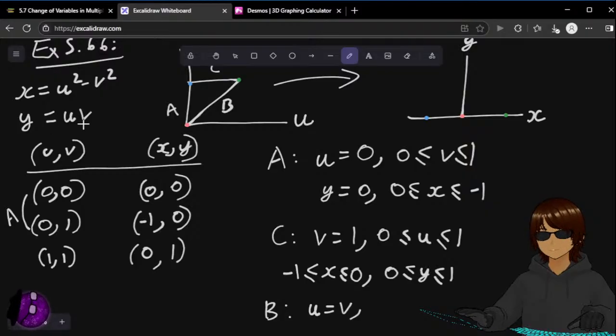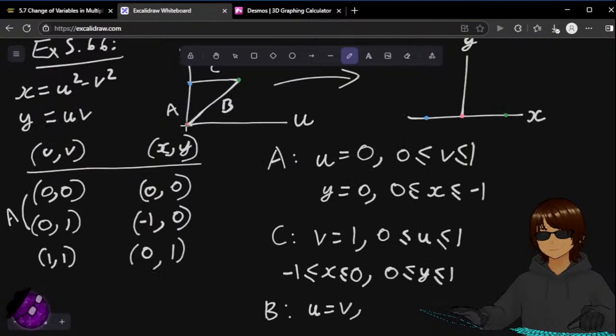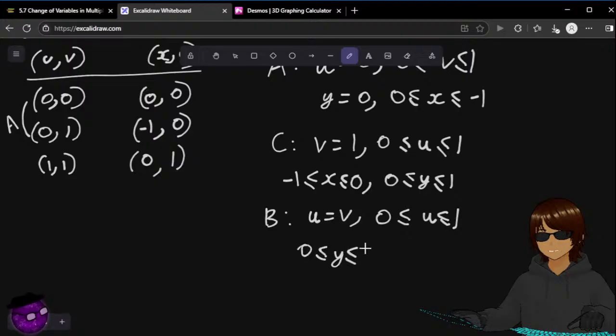We have v squared, from (0, 0) to (1, 1). Let's just figure out the y. The y goes from 0 to 1.